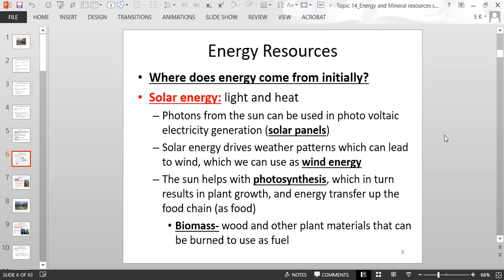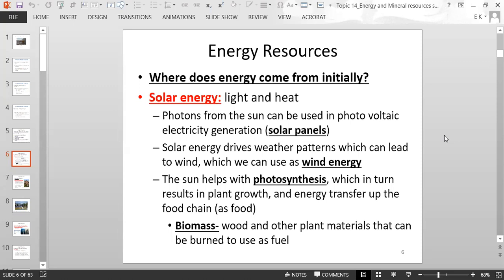And the sun also allows for photosynthesis. So plants and algae use sunlight. They have the process of photosynthesis, and then that leads to plant growth and the growth of algae.